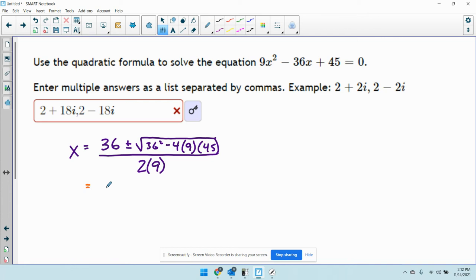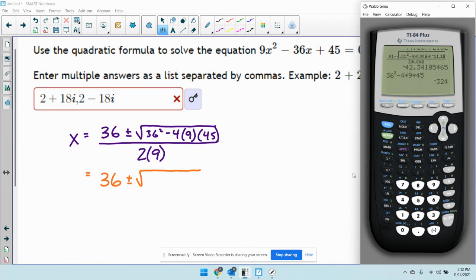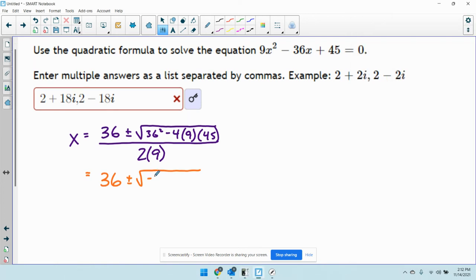So here we have 36 plus or minus the square root. I'm going to figure out what that whole thing is, the discriminant. It's 36 squared minus 4 times 9 times 45. This is negative 324 over 18.